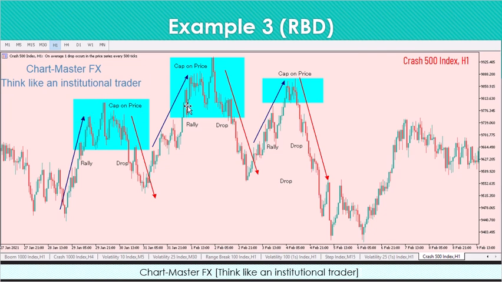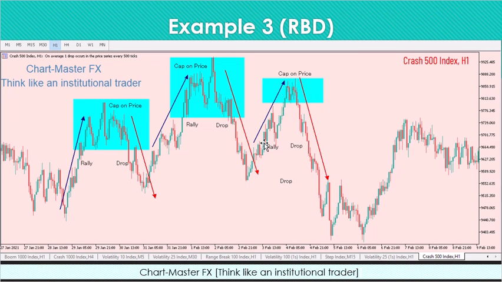So the same applies here. We had a rallying price, and we had a cap on price here. You identify your lower low, you identify your higher high, then you draw your cap on price area. So we ended up having a rally, base, drop. And another example here, we have a rally. You identify your lower low, your higher high, you draw your cap on price.